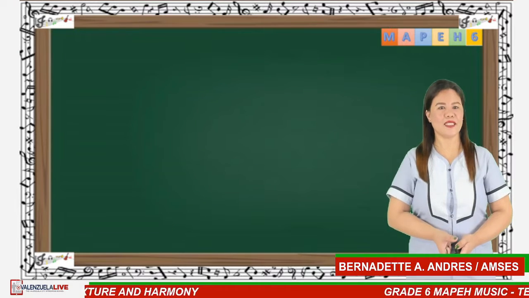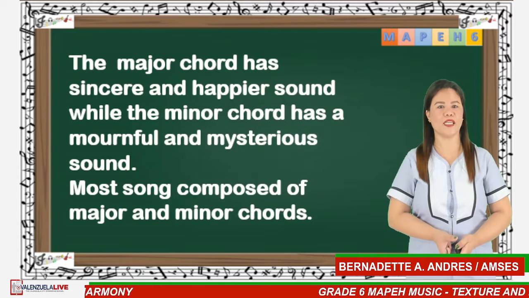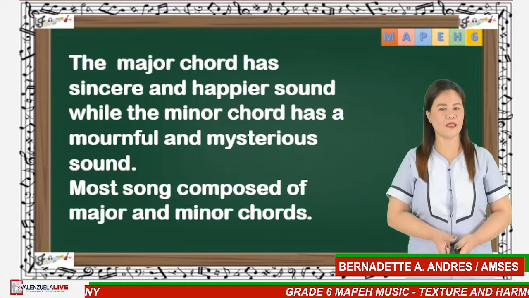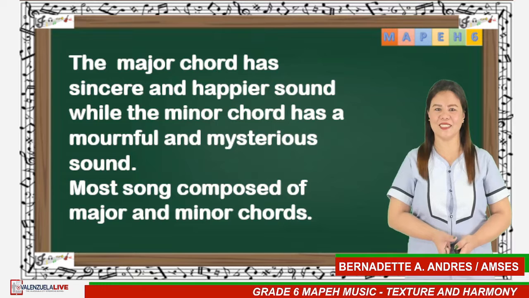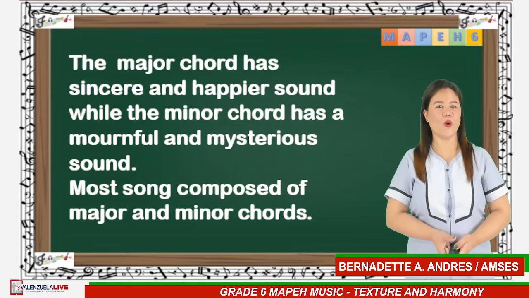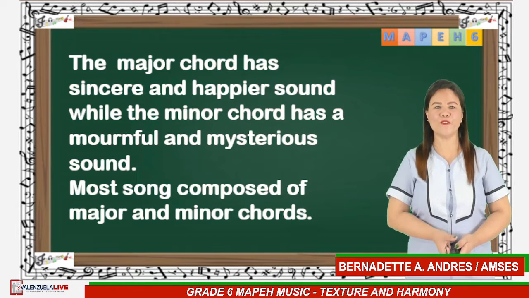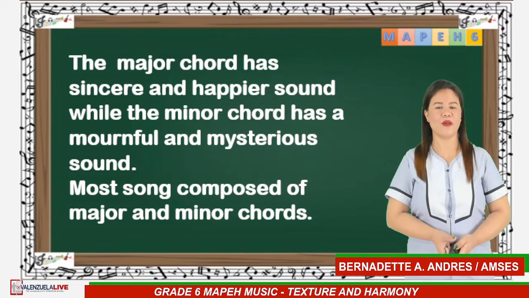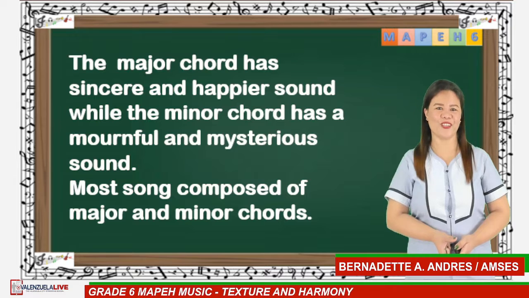Take a look at this and keep in mind that the difference between major chord and a minor chord is that the major chord has a sincere, happier sound, while the minor chord has a mournful and mysterious sound. Most songs are composed of major and minor chords.